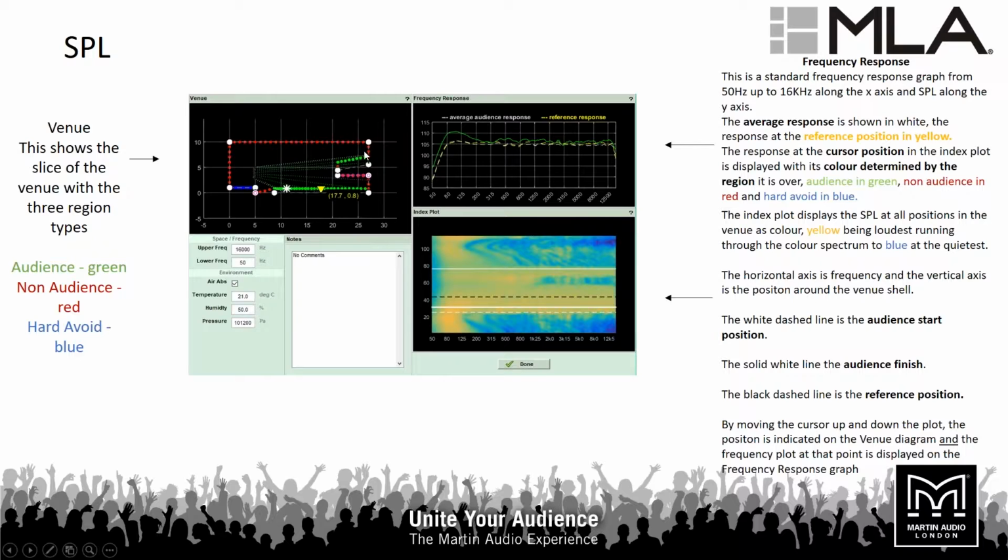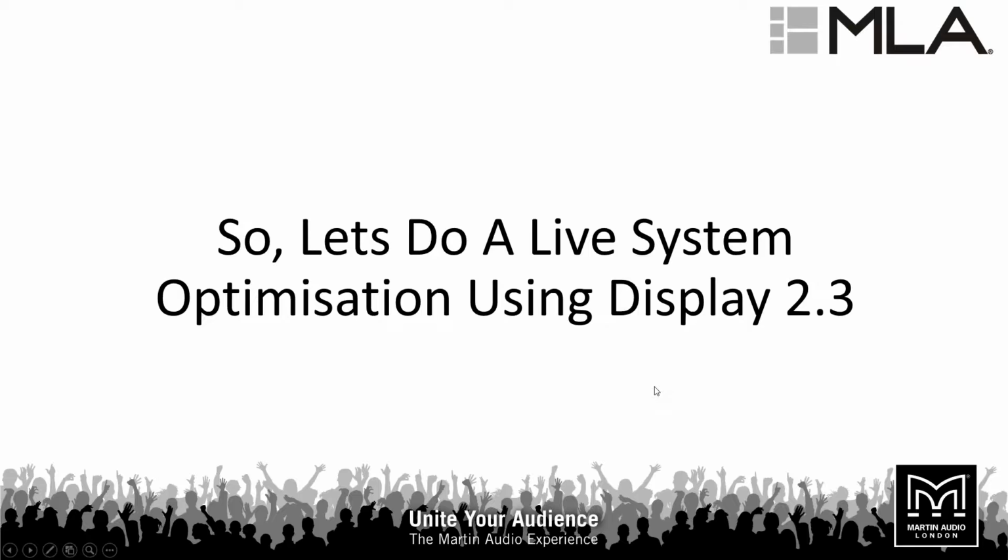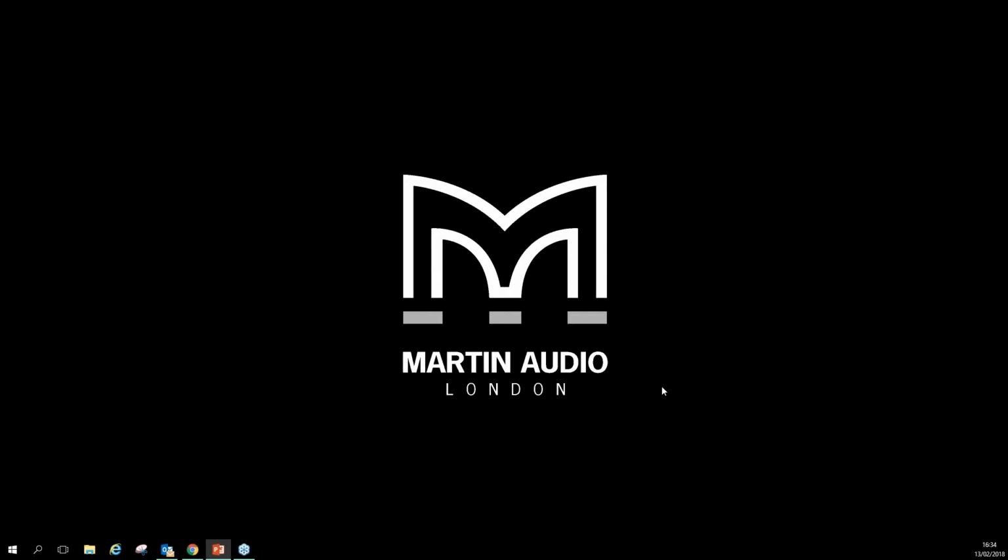This is our reference position, and this is our audience area start. This line here is where we're moving through the venue, and that will be the position of the cursor, but we will definitely be revisiting that now. So let's do a live simulation. Let me just get this up.